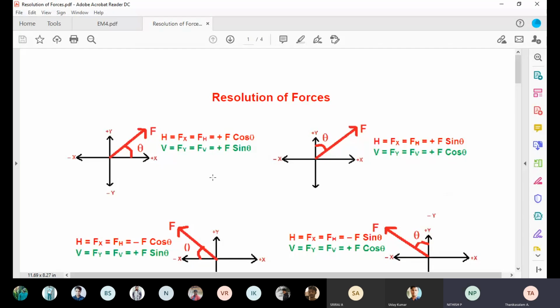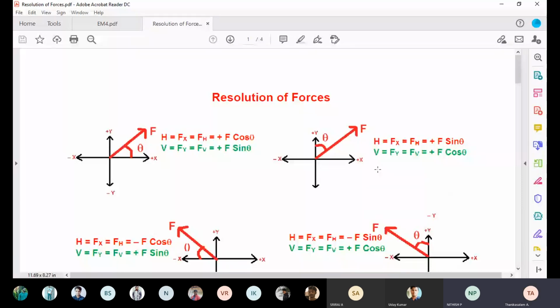Because of that, if we resolve, Fx equals Fh equals F cos theta, sir. In the second diagram, the force is with the y-axis, sir. So if you resolve, the force along the h component or Fx will be F sin theta, sir, and vice versa.